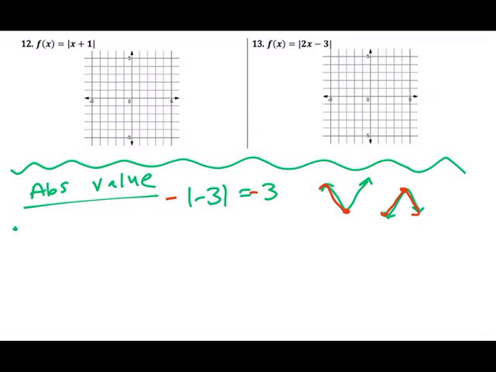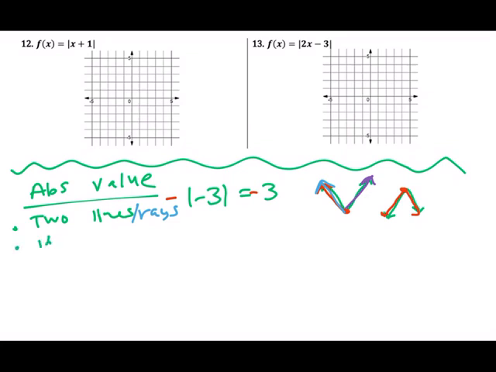So key things to know about absolute value. Absolute value is really just two lines in one graph. I have part of a line, or I have a ray since it stops there, and I have a line here. I'm going to say two lines or rays, I guess that's a better word to use there. What do you need to do when you're graphing absolute value?